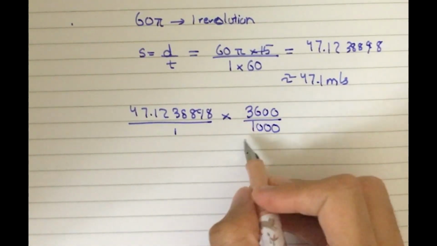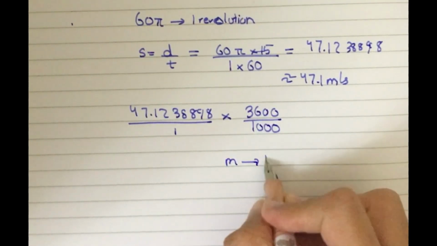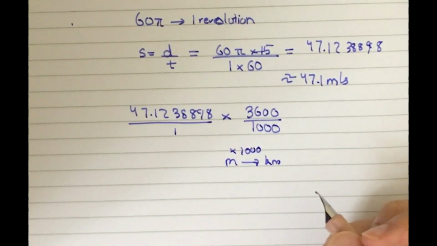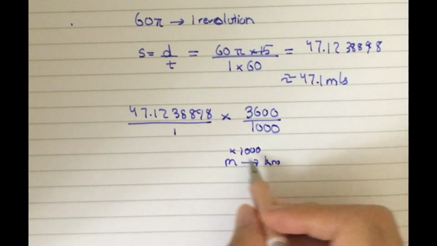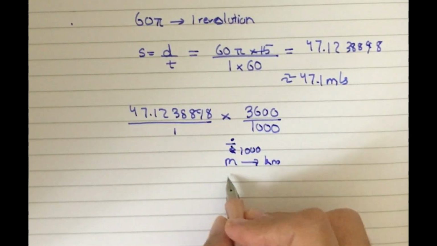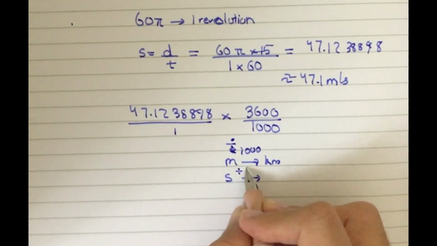Meter to kilometer is basically dividing by 1000, and for seconds you basically multiply by 3600.